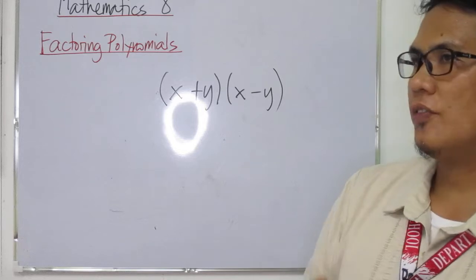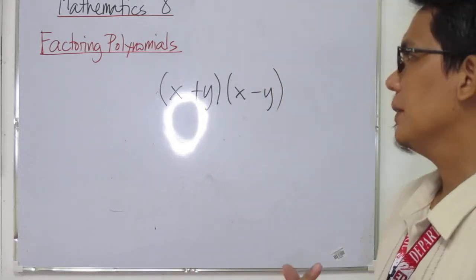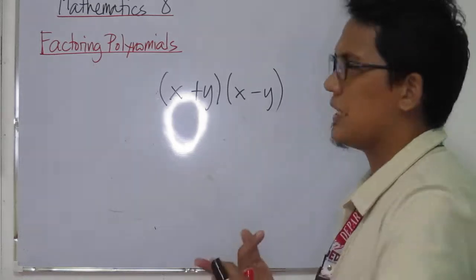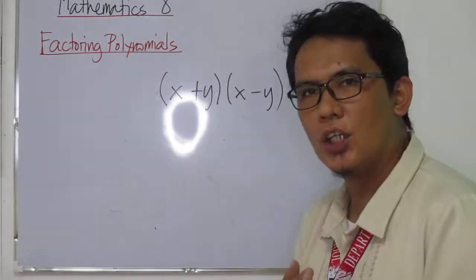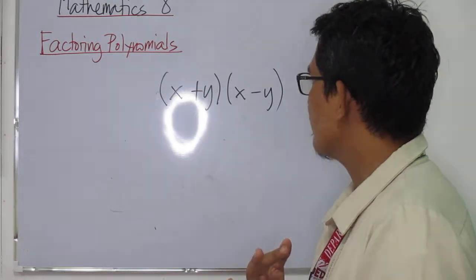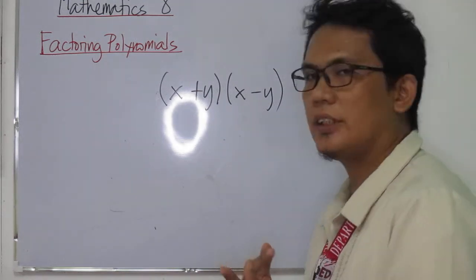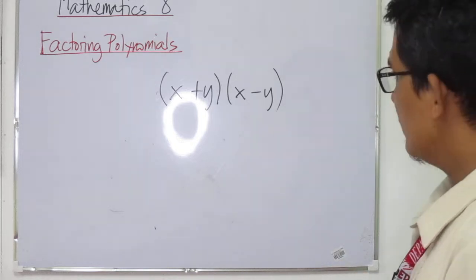We have three methods that were discussed when you were in grade 7. The first method, I think, was grouping, the second one is the FOIL method, and another one is the shortcut method. Okay? So, let us use the FOIL method.